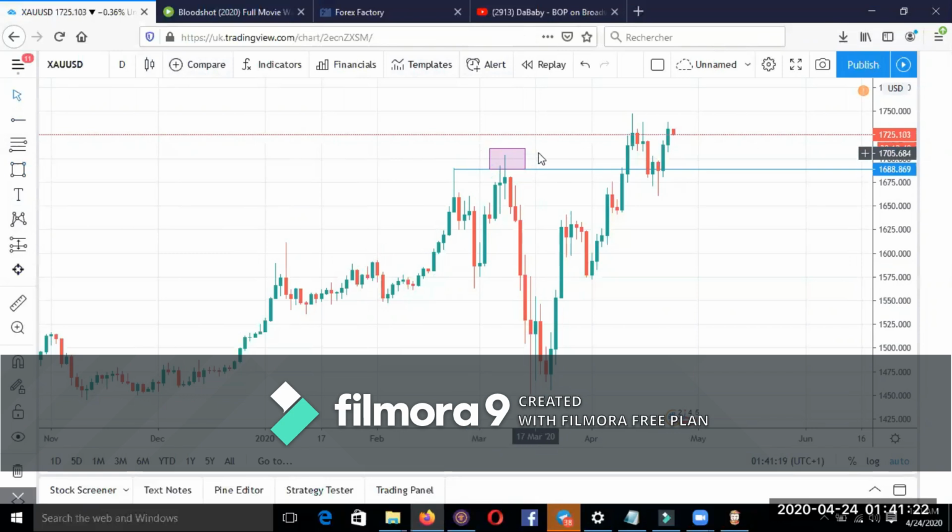And this run on stop losses, as I explained, doesn't mean it's only on the daily time frame that we're going to see this. Even on the 15 minute, you will see it if you pay attention to the chart. But it's just going to happen quicker than on the daily, as I explained.